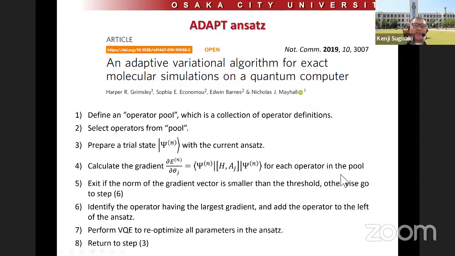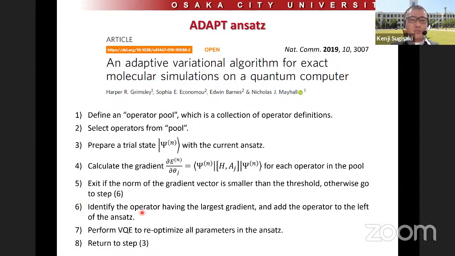So if the gradient is large, it means that the particular operator in the pool is very important to improve the wave function. If the norm of the gradient vector is smaller than the threshold, that is, all the gradient vectors are small, in that case, go to step 6.